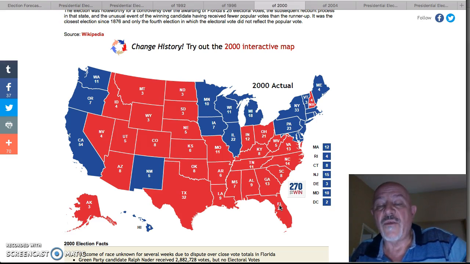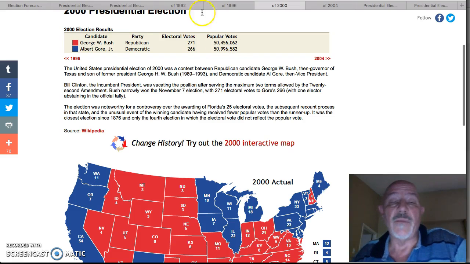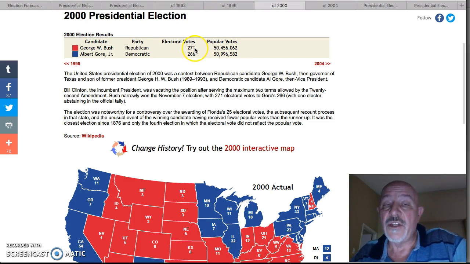Through the recount process and a Supreme Court decision, Florida ended up going into the Republican column, and that's what made George W. Bush win by 271 votes. Remember, it takes 270 to win. He had one more than necessary.